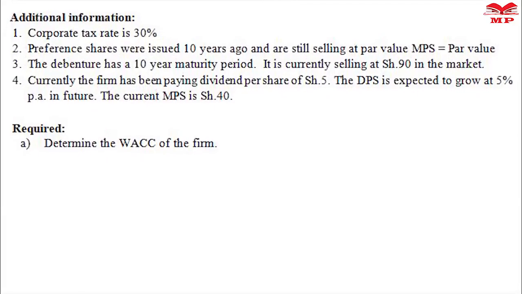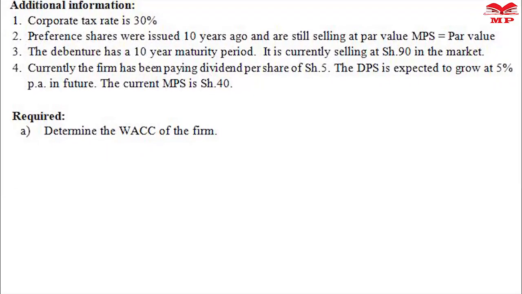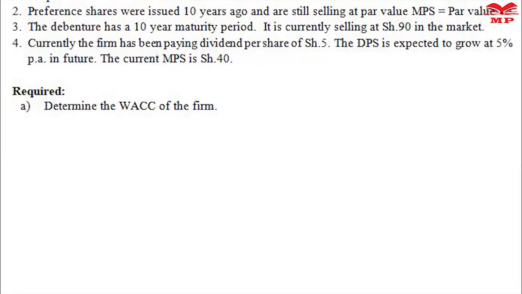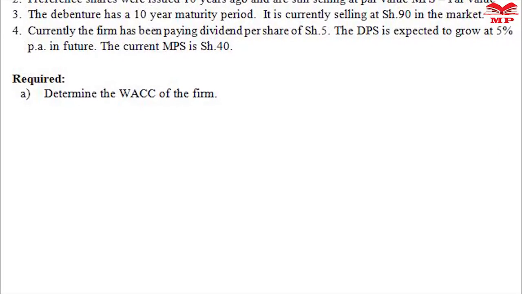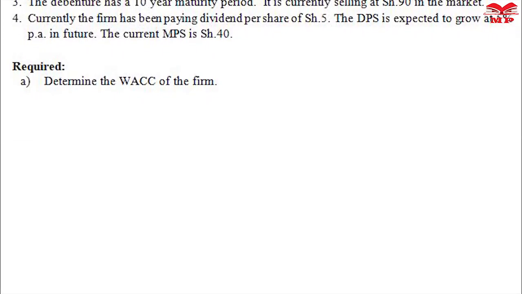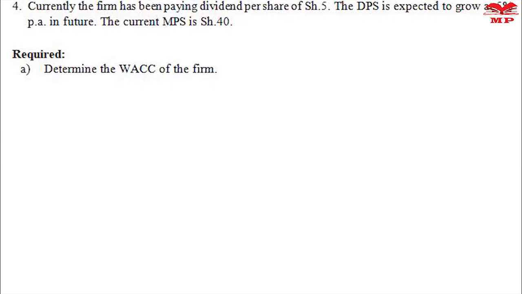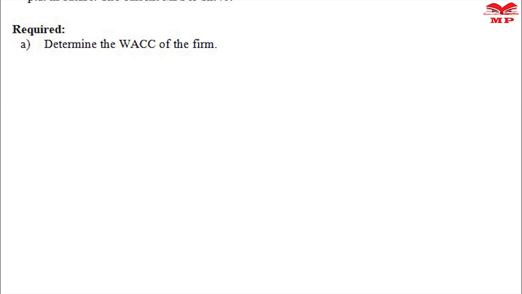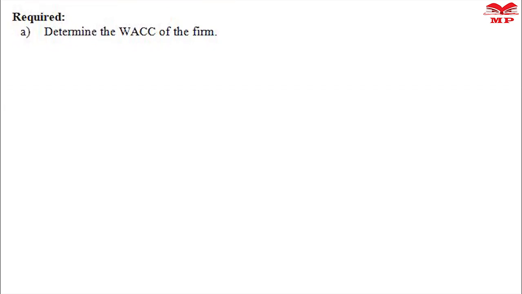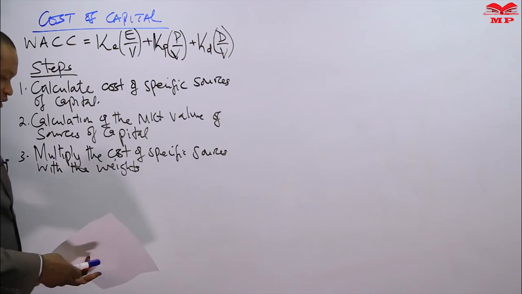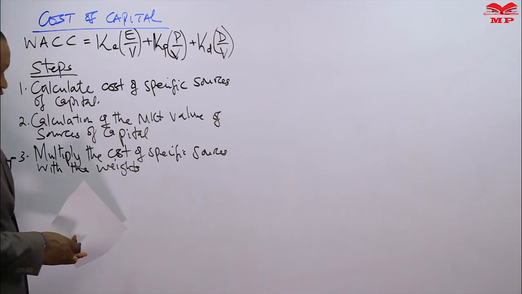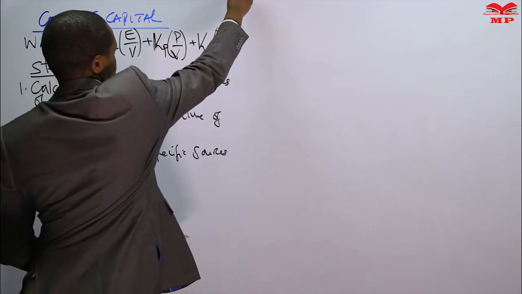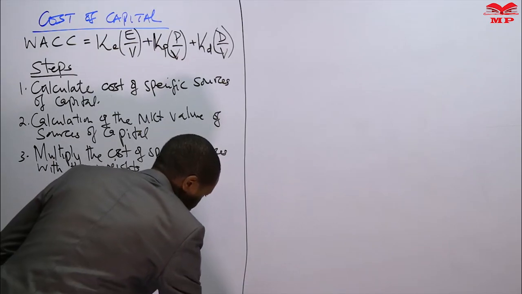Required. A, determine the weighted average cost of capital of the firm. So that is the question. The first thing to do is, as I said last time, you need to master the formula.